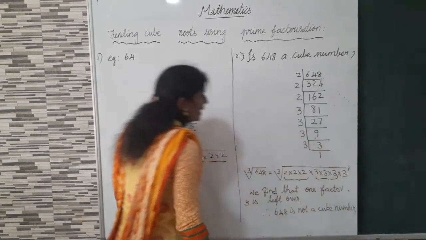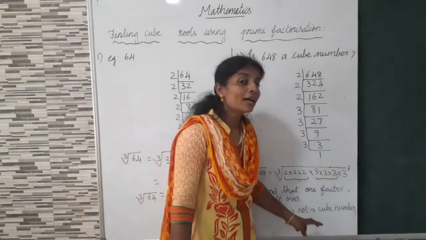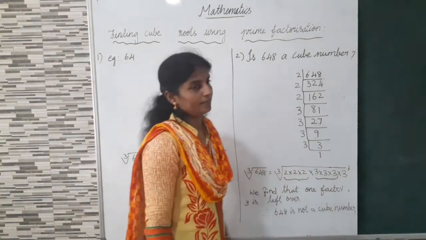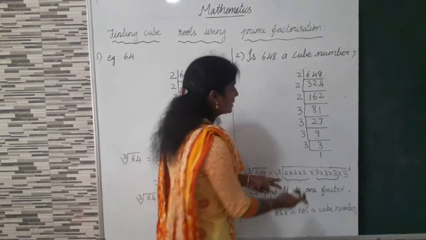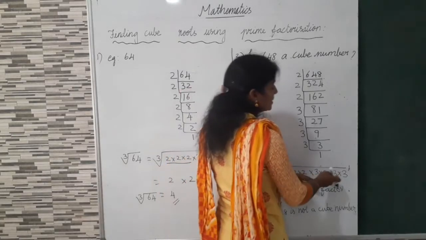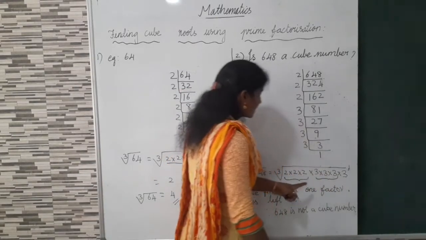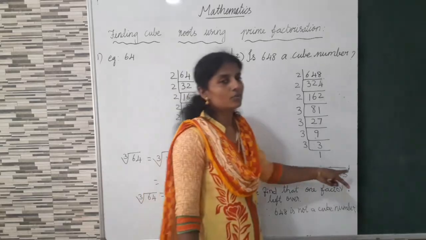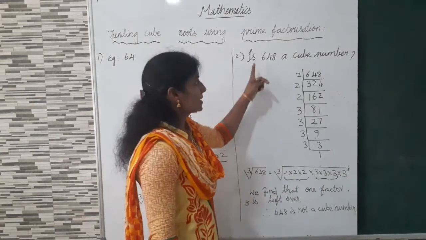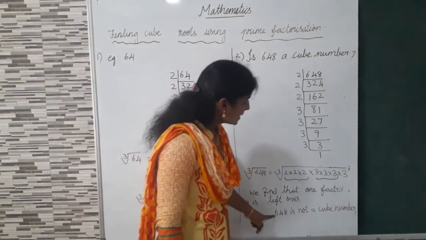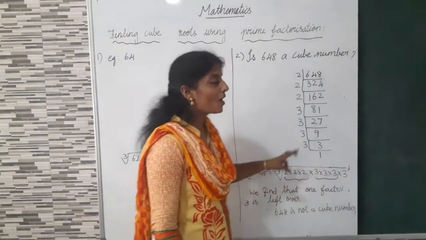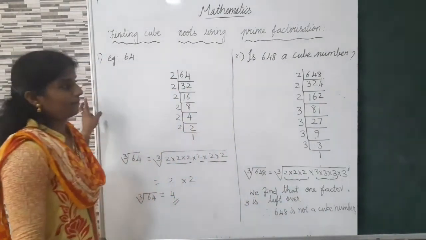Otherwise, 648 is not a perfect cube. Okay, clear? Here we have 3 times 2, 3 times 3, but one factor, that is 3, is left over, so we can't say 648 is a cube number. Now we can say 648 is not a cube number.